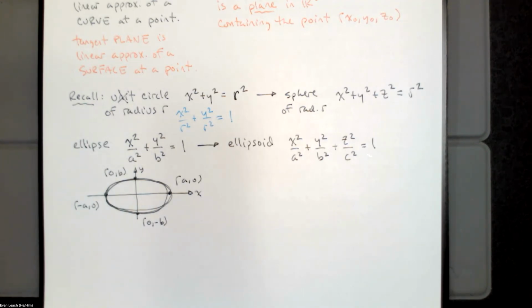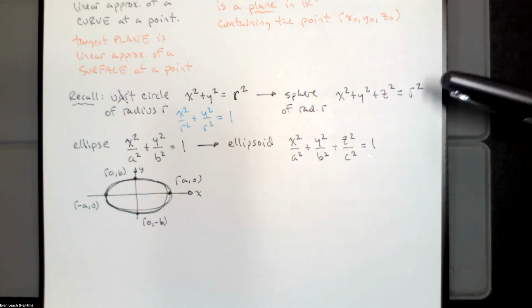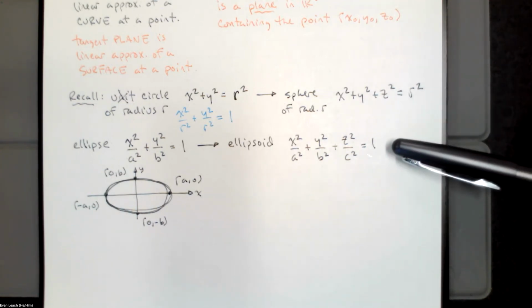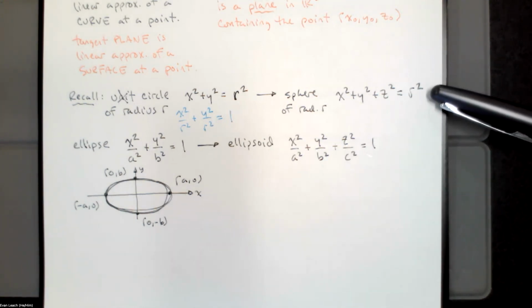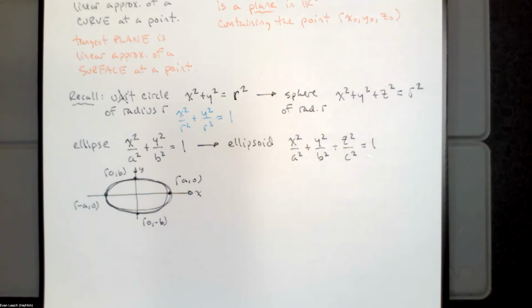A similar thing is going to happen. Notice that this is still the same kind of variation as a sphere with a radius of r. If I take my sphere equation and divide by r squared to put a 1 on this side, it's x squared over r squared, y squared over r squared, z squared over r squared.